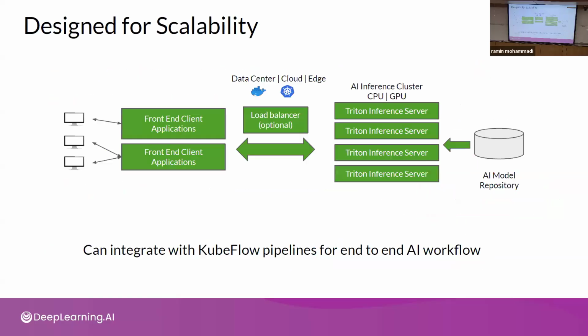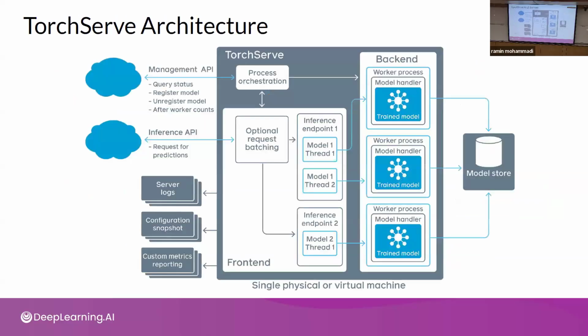Now, TorchServe, I think we did all of those. Yeah, and this is just under the hood of TorchServe and how it works. Similar to all of these, they have the same components. They have some sort of model manager, like version control. They will have something for accessing, like REST or gRPC.